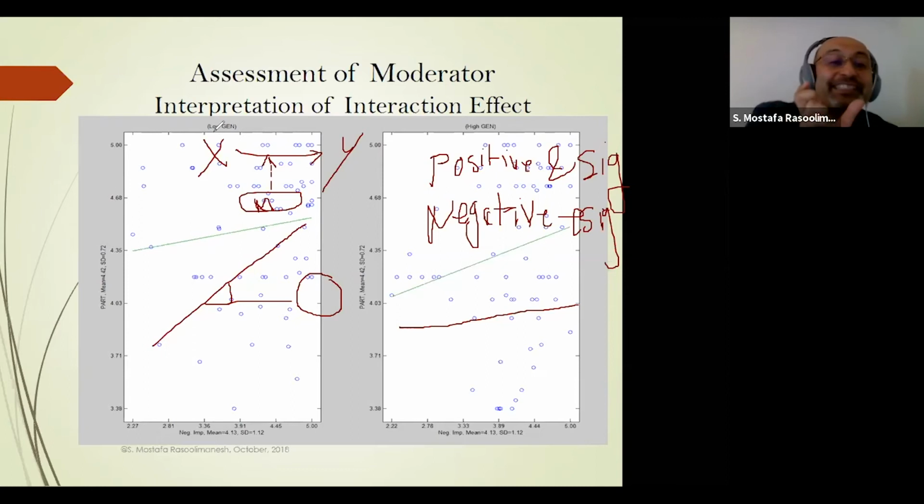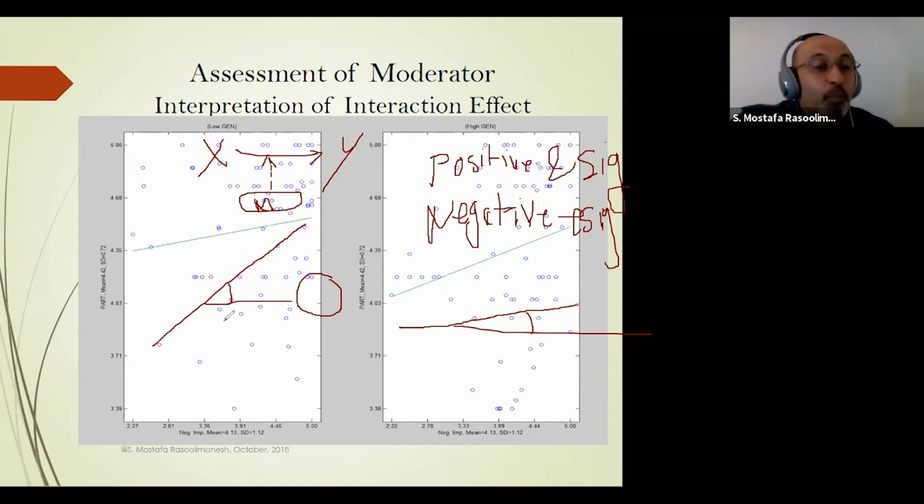But if interaction effect is negative, it means the effect of X to Y is weaker for high level of moderator, for big company, for high level of involvement. The slope is lower compared to low level of moderator.